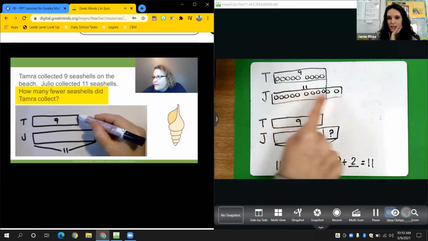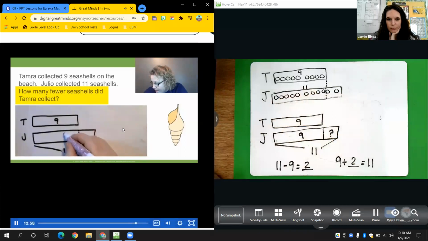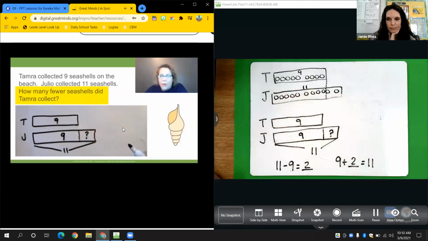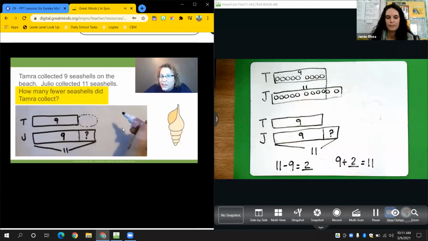So we knew that we had 11. If this tape represents 9, then this part of Julio's tape is also 9. And this would represent how much more seashells Julio has than Tamara, that means that this part of Tamara's tape is how many fewer she has than Julio.